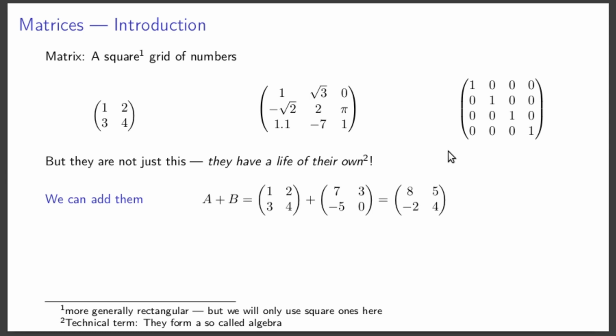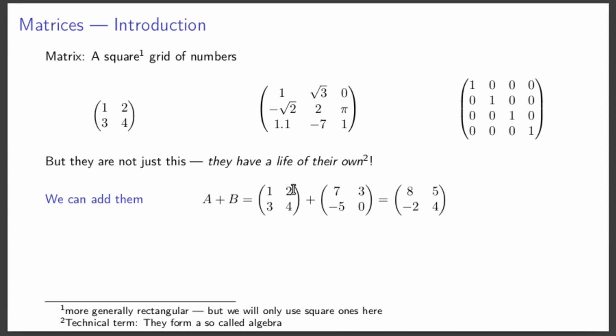For example, if 2 matrices have the same number of rows and columns, so here 2 by 2 and 2 by 2, you can define the sum of the two. And the way this works is you take the leftmost number in both of them, you add these, so 1 plus 7 is 8, and you write this 8 as the leftmost number in your result.